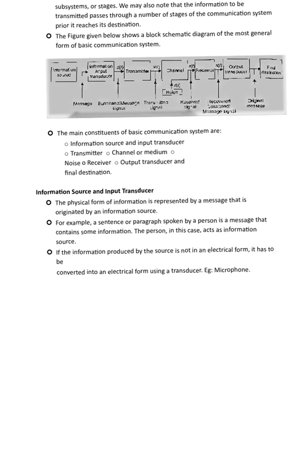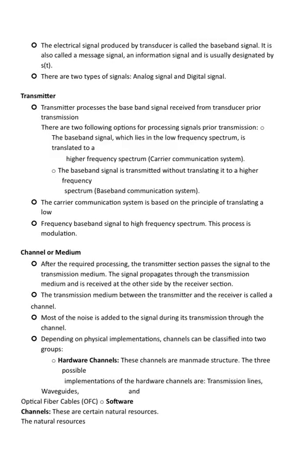If the information produced by the source is not in an electrical form, it has to be converted into an electrical form by using a transducer, for example, a microphone. The electrical signal produced by a transducer is called the baseband signal. It is also called the message signal or information signal and is usually denoted by x(t). There are two types of signal, analog signal and digital signal.